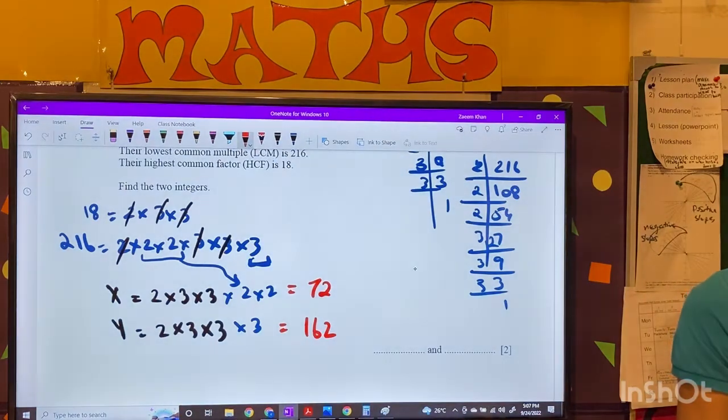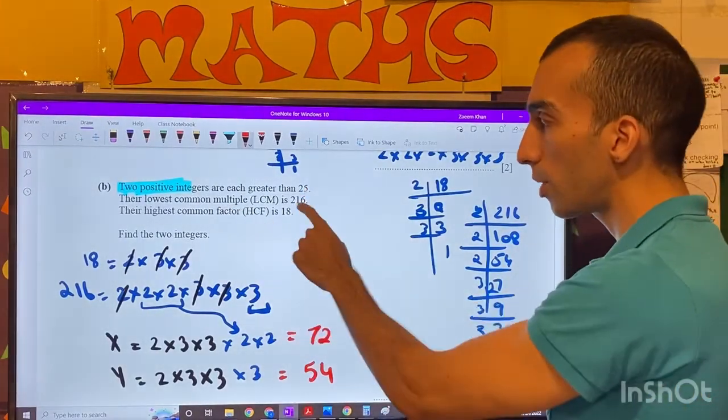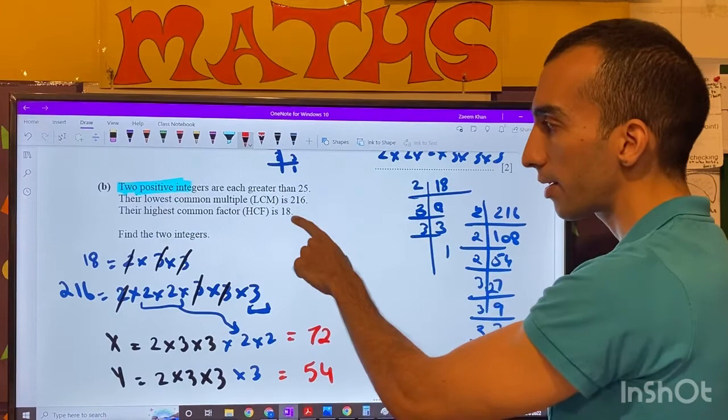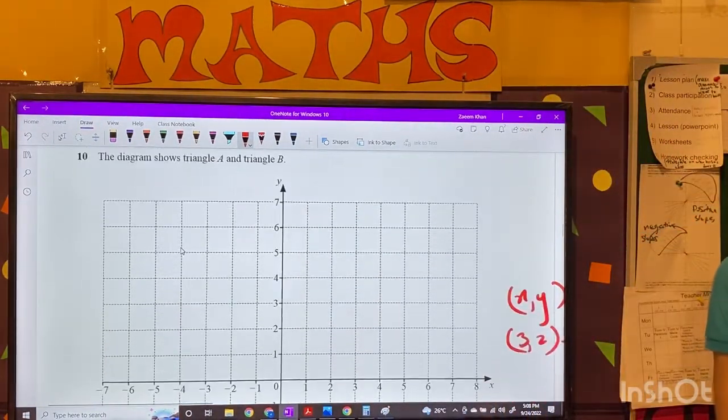No, and the second one is 54. 54? Yeah. All right. So 54 and 72, those are our two numbers which are both greater than 25. The lowest common multiple is going to be 216 and the highest common factor is going to be 18. Perfect. Here we go.